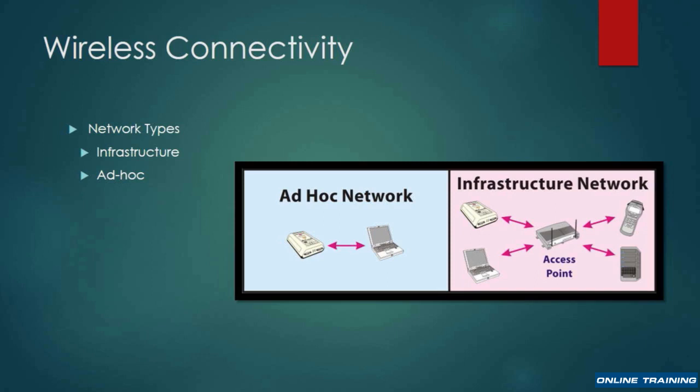There are two basic categories of Wi-Fi types of networks. Those are ad hoc and infrastructure. Now, an ad hoc network is a point-to-point type of network between two systems without the use of an access point. This isn't overly common, at least not in a business sense, but it is becoming more and more common on the device level.